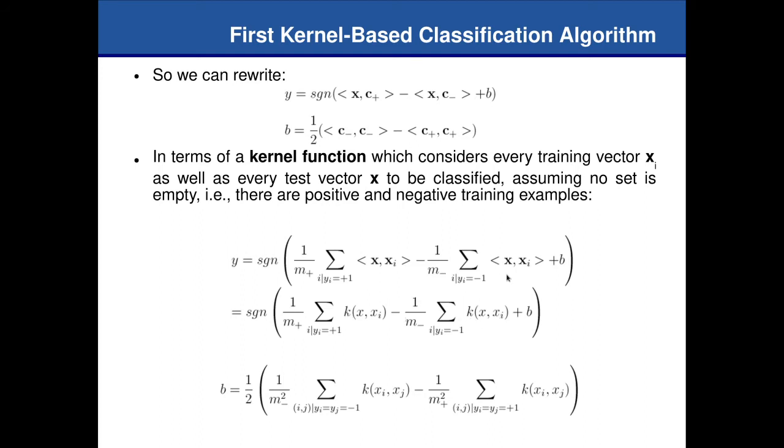The same happens in here. Take a look. You know what's interesting over here? Of course, here I had C minus to the square and C plus to the square, which is an inner product of C minus and of C plus.